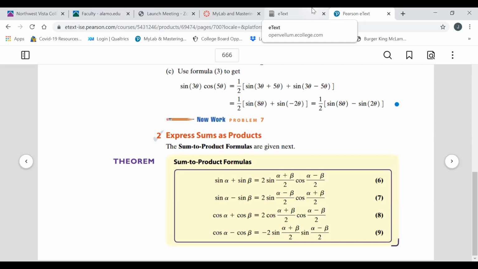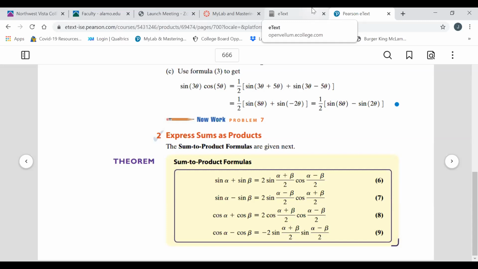And then the second one, sine alpha minus sine beta equals 2 sine, big parentheses, alpha minus beta divided by 2, times cosine, parentheses, alpha plus beta divided by 2.